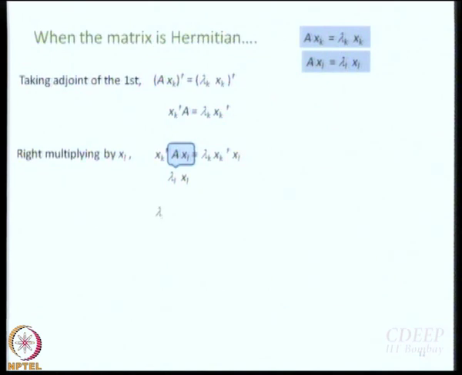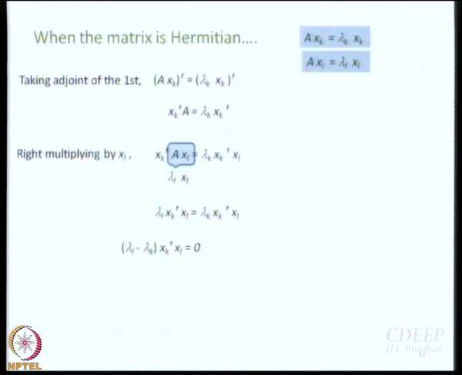So, take that and plug it in, you get lambda l xk dagger xl equal to lambda k xk dagger xl. Yeah. So, transposing, you get lambda l minus lambda k multiplied by xk dagger and our favorite xl equal to 0.